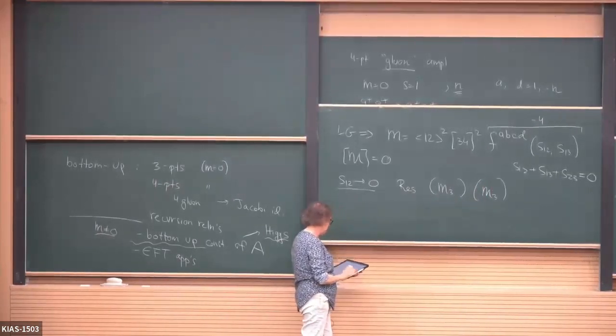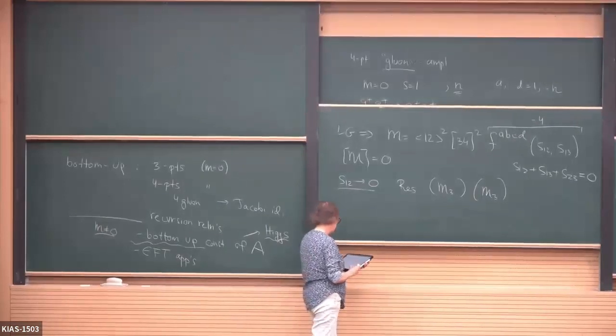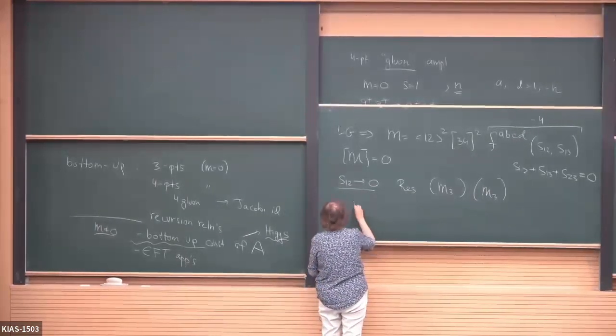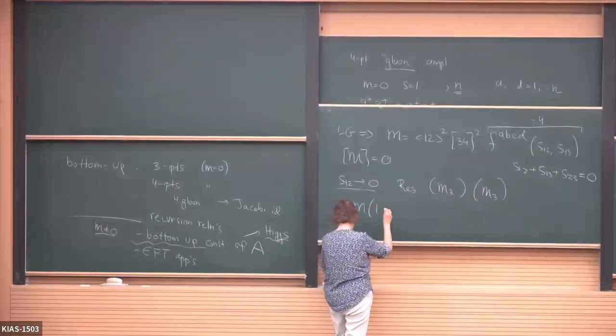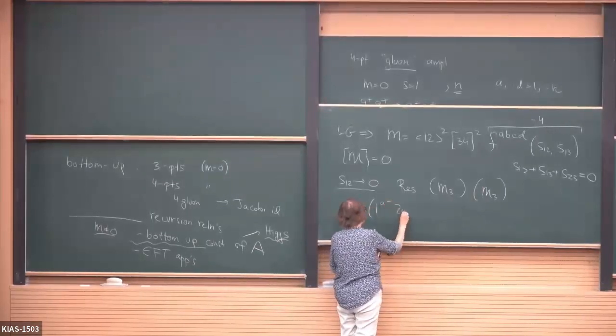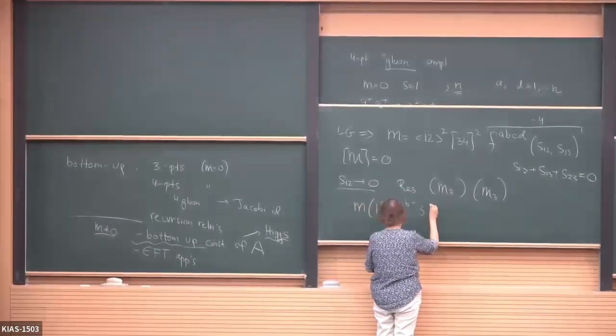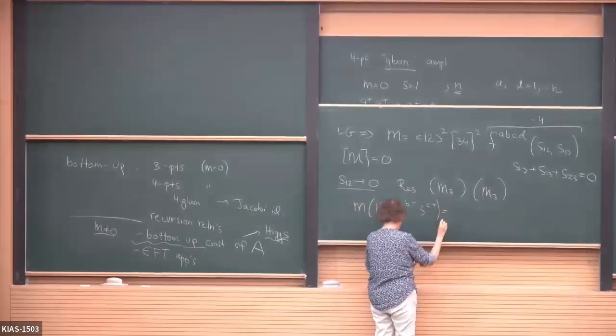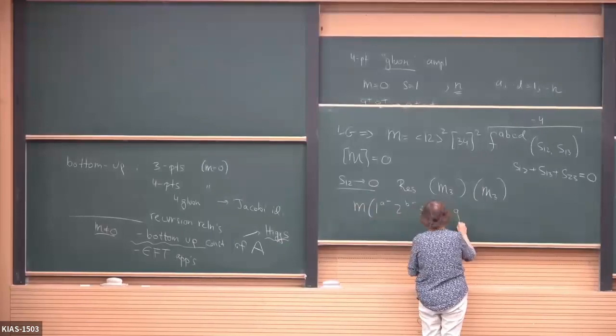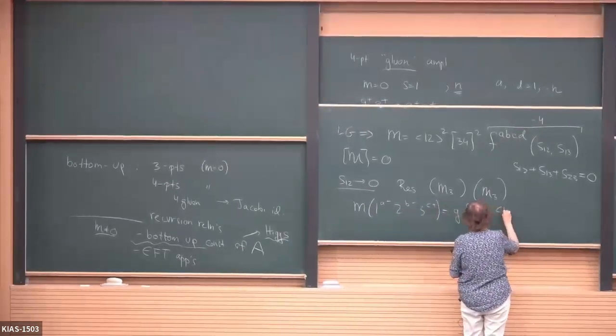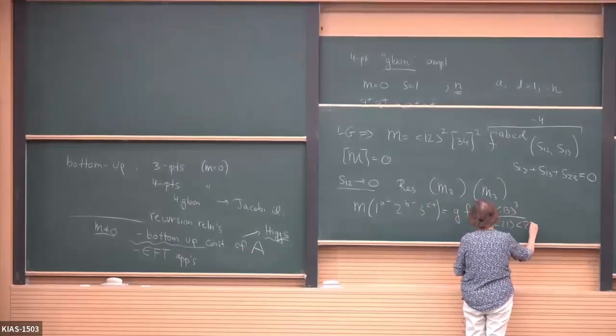So let me remind you of the 3-point amplitude that we wrote. So we said that M of 1a minus, 2b minus, and 3c plus, for example, is equal to some g f^{abc} ⟨13⟩³ divided by ⟨12⟩⟨23⟩.